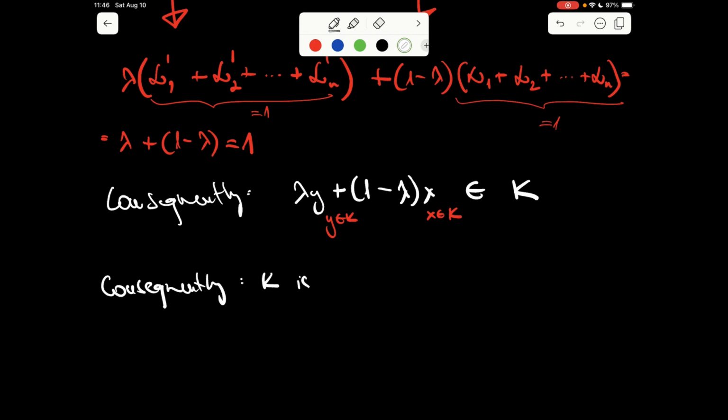Consequently, K is convex because a convex combination of two vectors in K is in K.